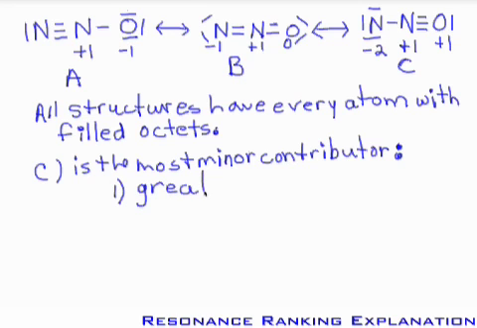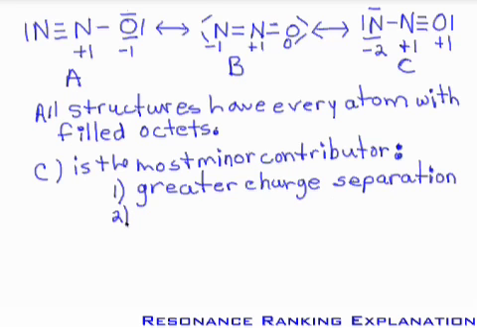Now you would write this out in complete sentences. I'm just using smaller point form. Greater charge separation. Two, these are also reasons, although I agree they are much more minor than the charge separation issue.